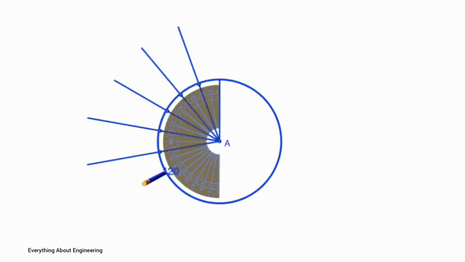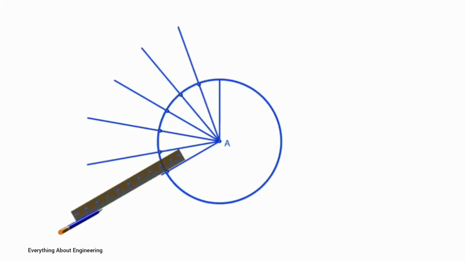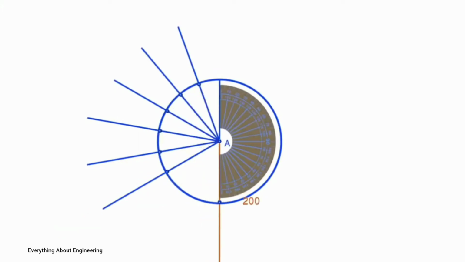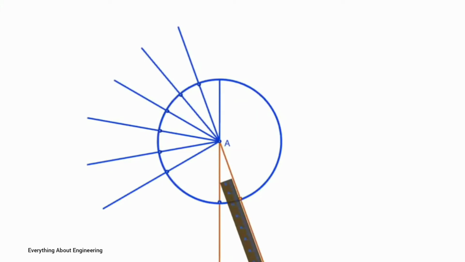So we are dividing this outstroke of 120 into 6 equal parts. Then there is a dwell for 60 degree. Again divide the return stroke into 6 equal parts.